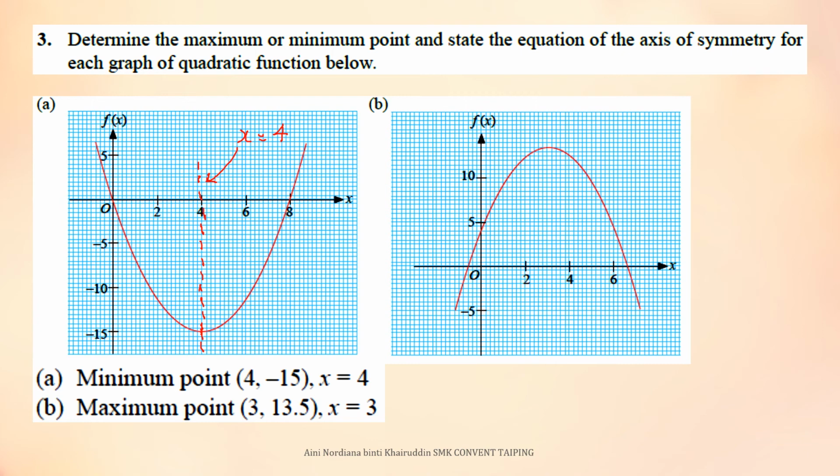Same goes to B. Here is the maximum point. The coordinate point is 3 and 13.5. The axis of symmetry will cut this graph into two equal parts. So the equation of this axis of symmetry is x equals 3.